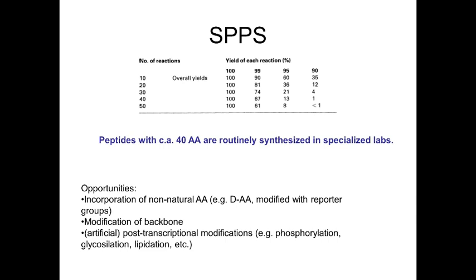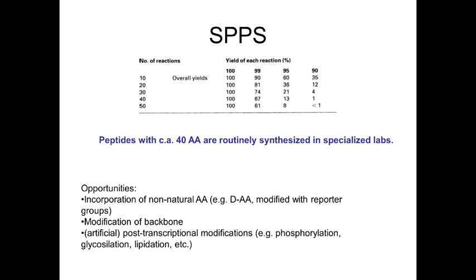If the coupling yield of each individual step drops to 95%, already at a 10 mer you only get 60%, and if you synthesize a 50 mer, you end up with almost nothing. And you also see that once your coupling yield reaches 90%, a yield for anything longer than a 20 mer is meaningless.